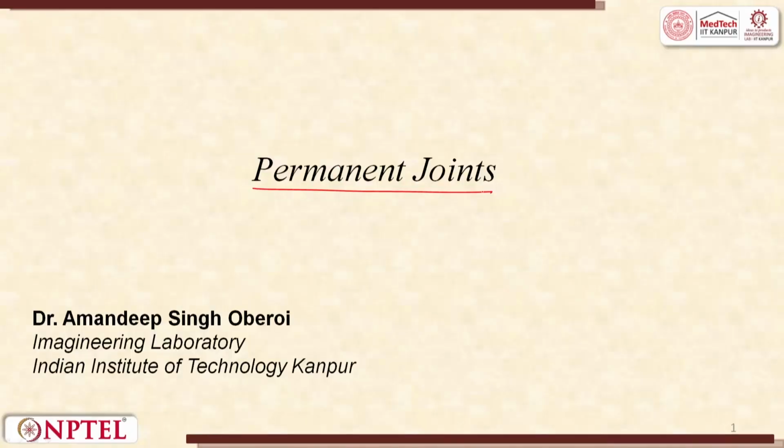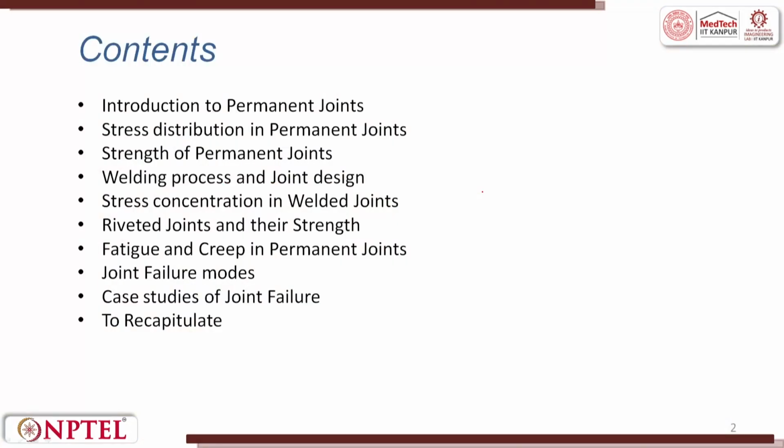The flow of the lecture will go in such a way. We will talk about the permanent joints, an introduction to it, then stress distribution in permanent joints, strength of permanent joints, welding process and joint design. Welding is one of the permanent joints. Generally, when we talk about permanent joints, welding is the first thing that we talk about.